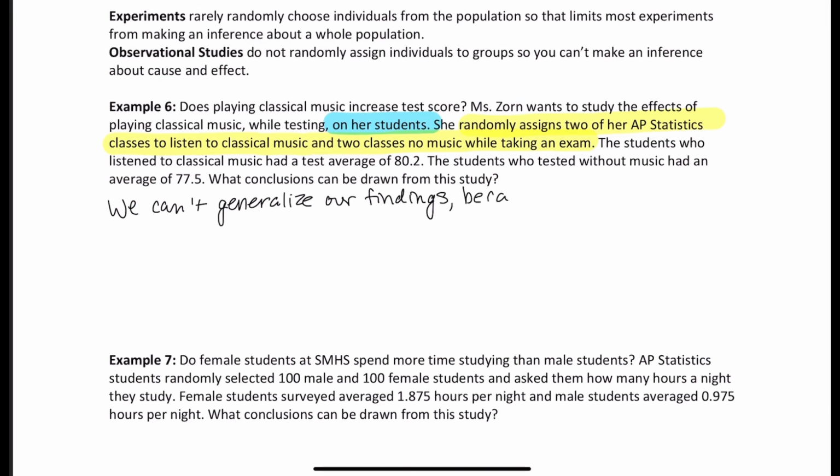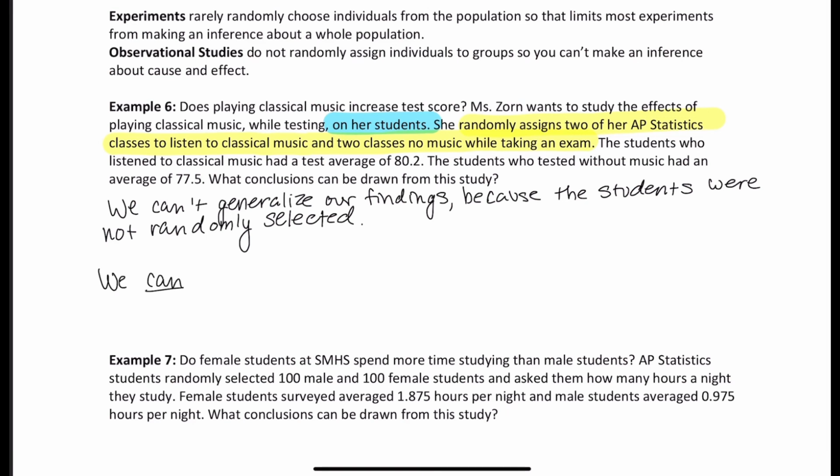And that's because the students were not randomly selected. But since we did randomly assign, this means we can establish cause and effect. And that was since the treatments were randomly assigned.